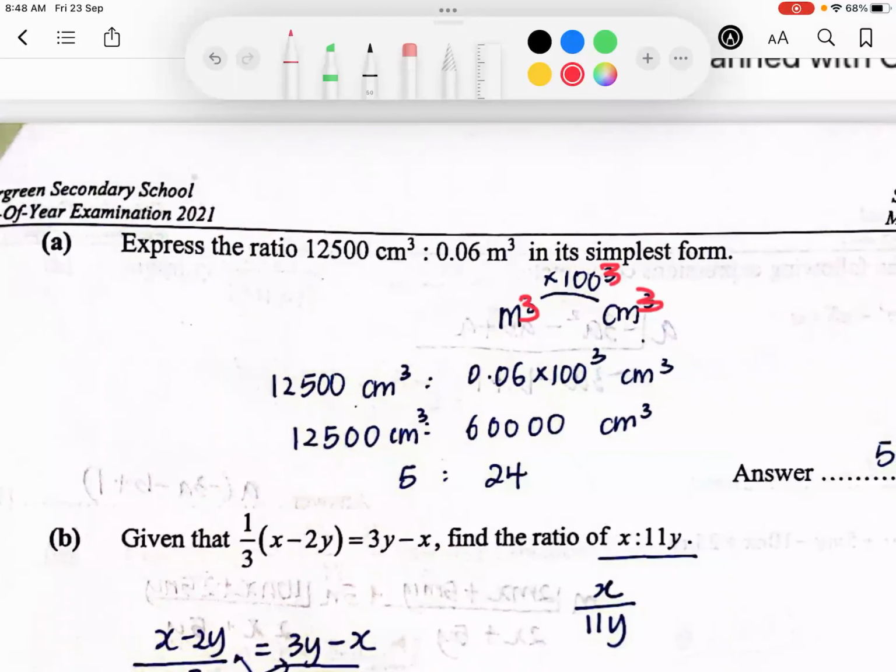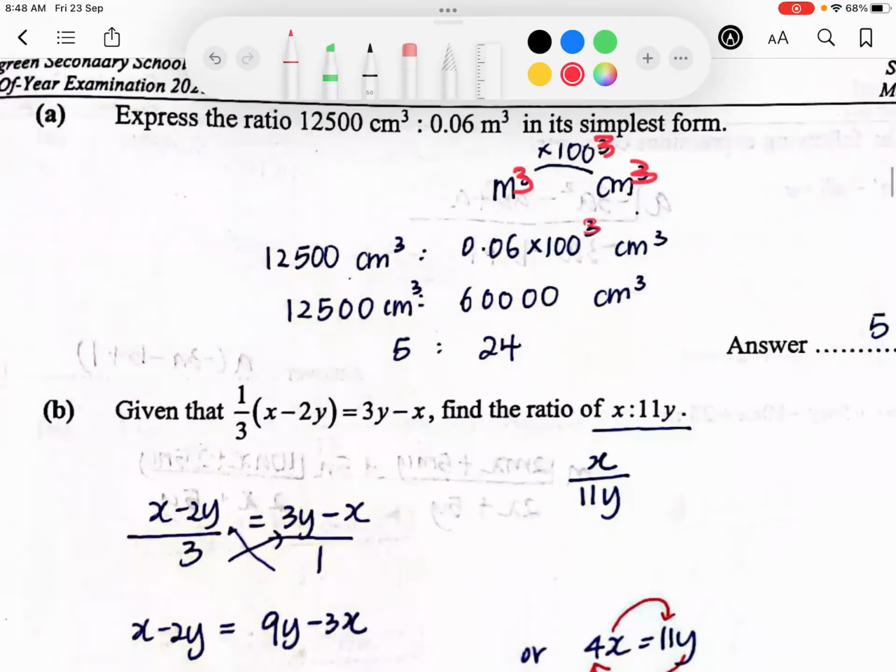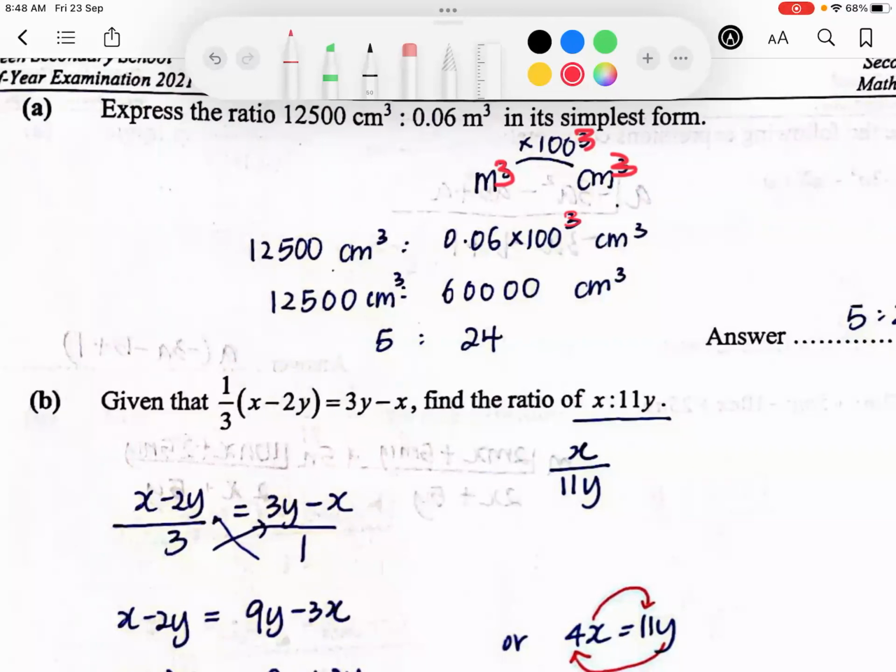So in this case, multiply by 100 to the power of 3, then you have a lot of zeros coming up. Then after that, you use a calculator and simplify. So this question only tests whether you know how to change the units and how to change the ratio. Yes, math error. I don't know, maybe you can try again.